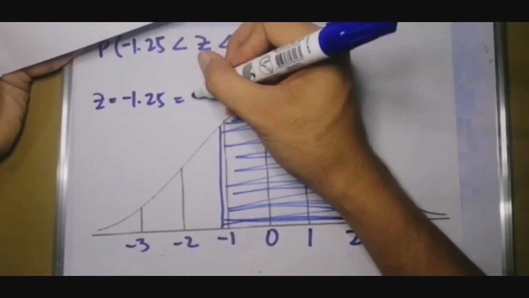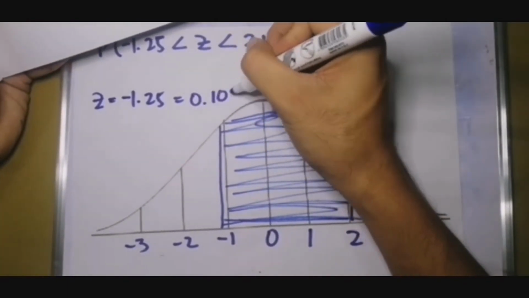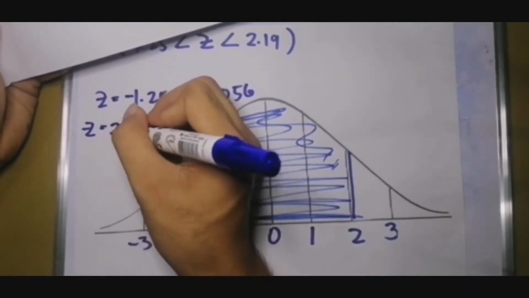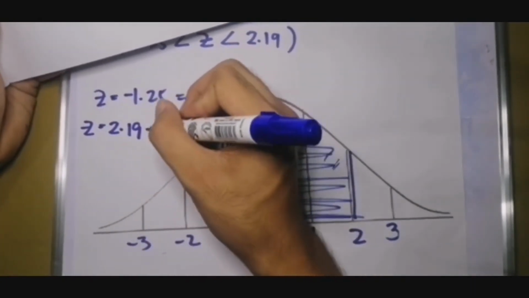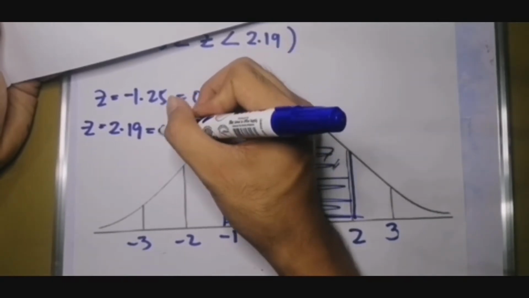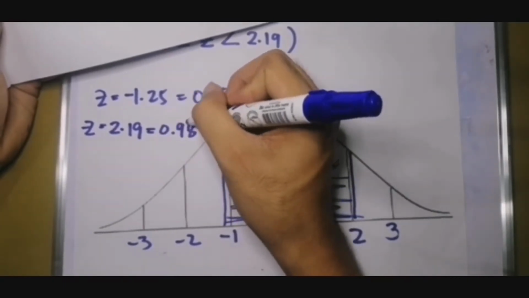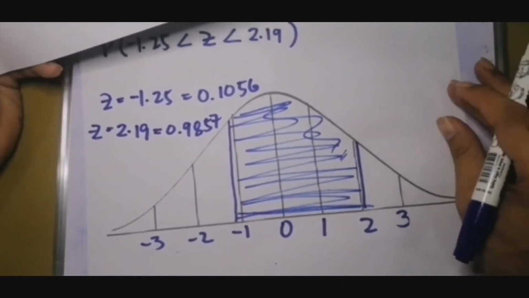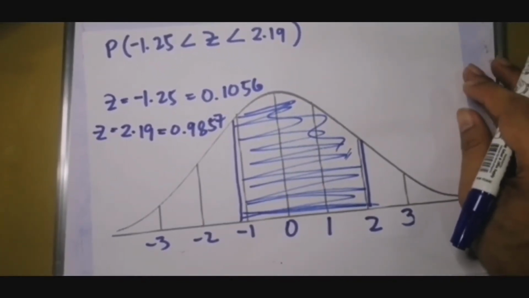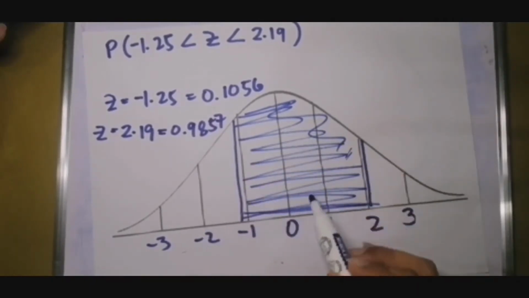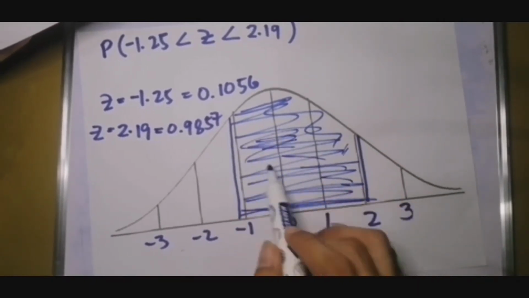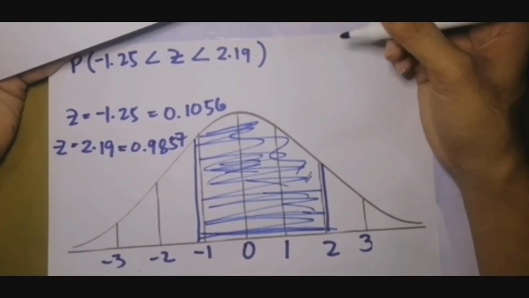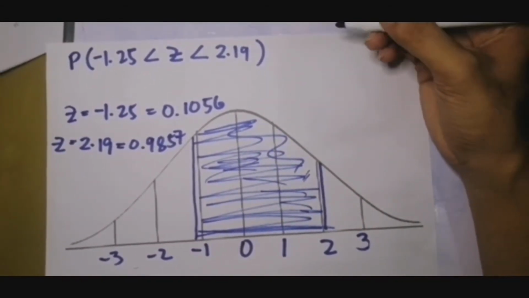Now og atong tan-awon ngadto sa z-table, ang z-score nga negative 1.25 equal na si Ja into 0.1056. Ang z-score pod na 2.19 equal po na si Ja into 0.9857. Atong tan-awon nga to sa z-table. Now atong pangitaon ang ilang area kani between anak nilang duha. So ato orang i-subtract ang duha ka z-score.